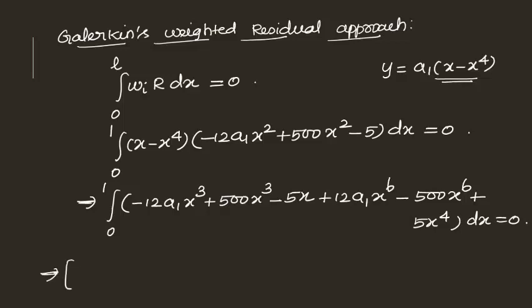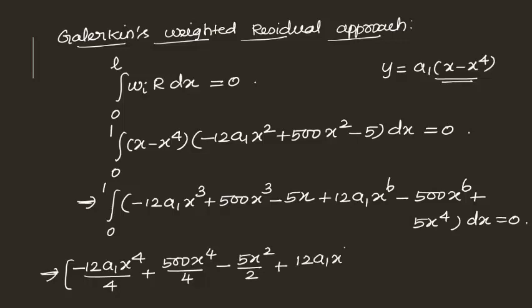The integral form for the first term, that is minus 12 a1 into x power 4 by 4. For the second term, 500 x power 4 by 4, minus, for the third term 5 x square by 2, plus, for the fourth term 12 a1 x power 7 by 7.